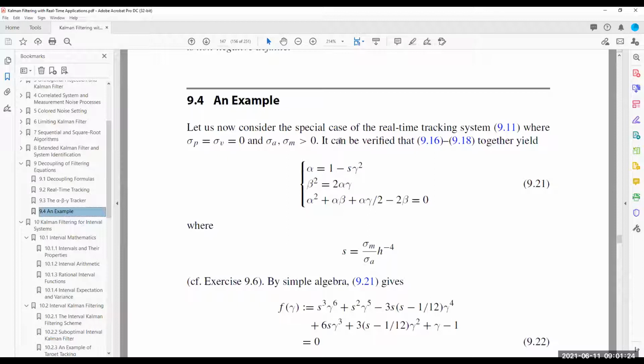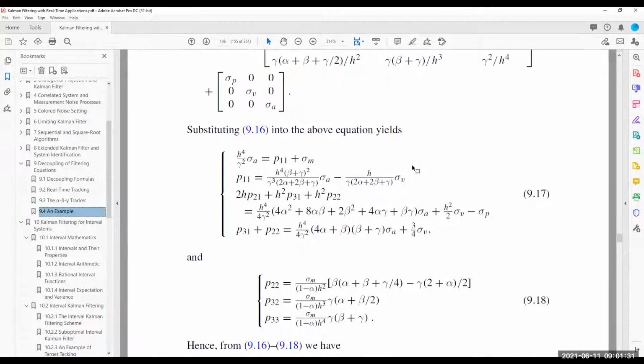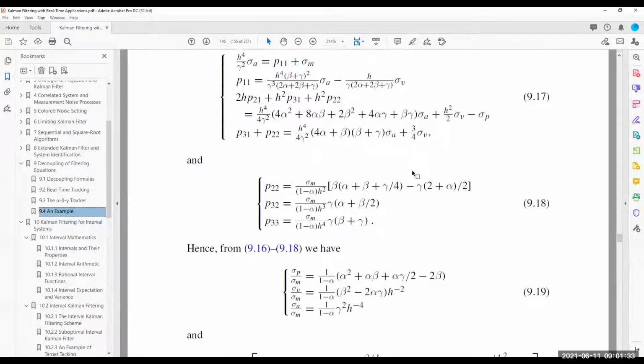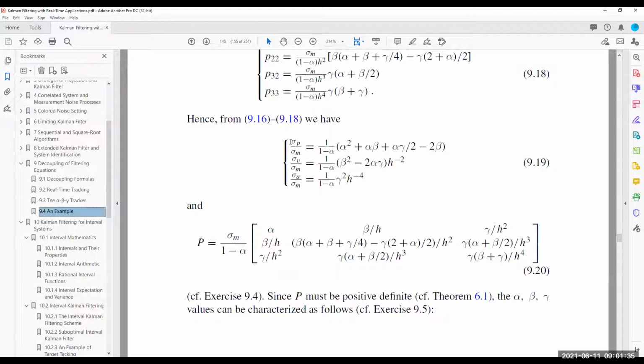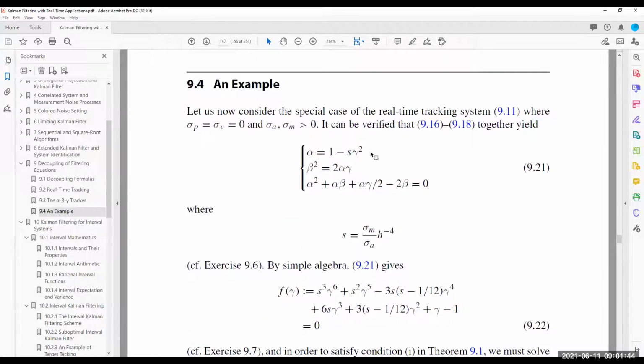Okay, then you can use equation 9.19, by using sigma p0 and sigma v0. Then you can get these three equations.